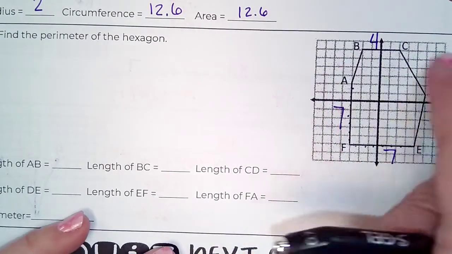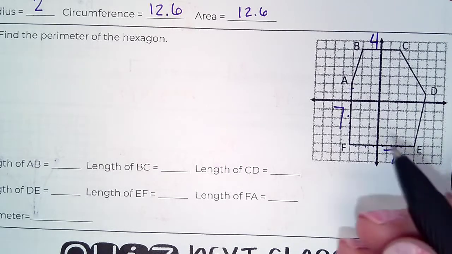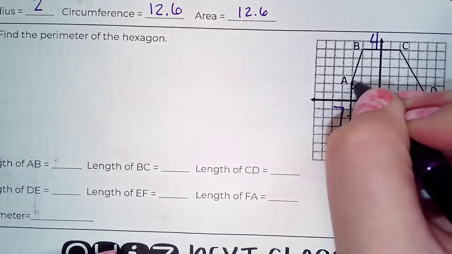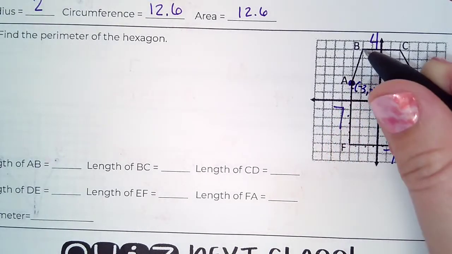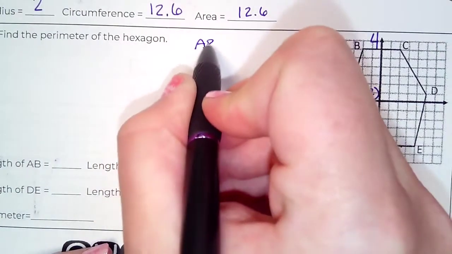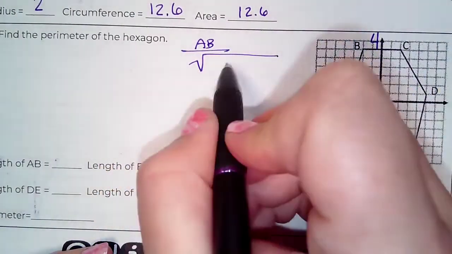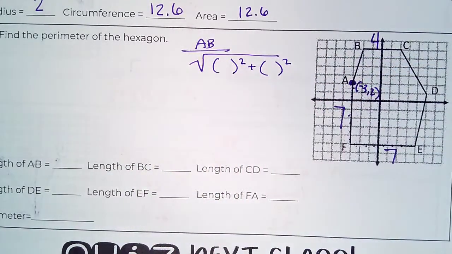Now I can go ahead and find these other 3 sides using the distance formula. So either I can go ahead and do the long way and find each ordered pair, or I can do AB, and find the change in x's and change in y's and make it a little bit faster for myself.